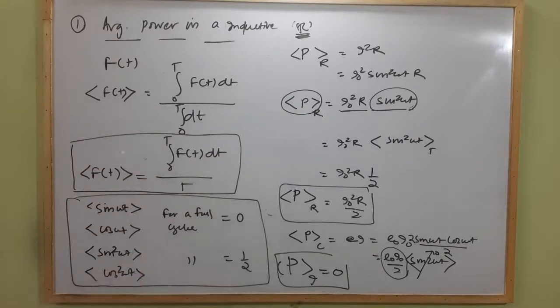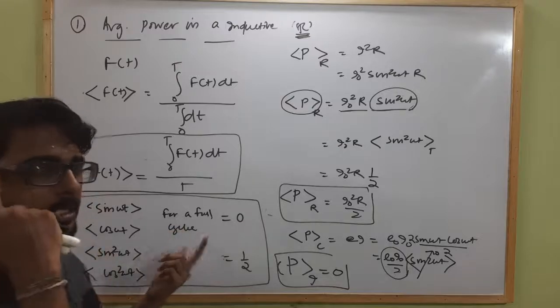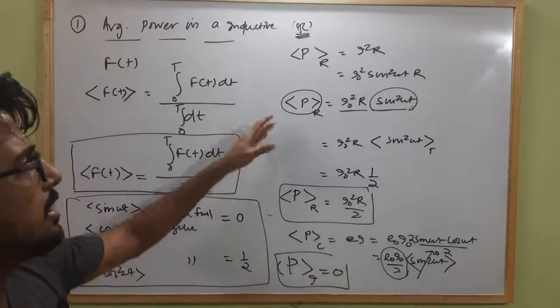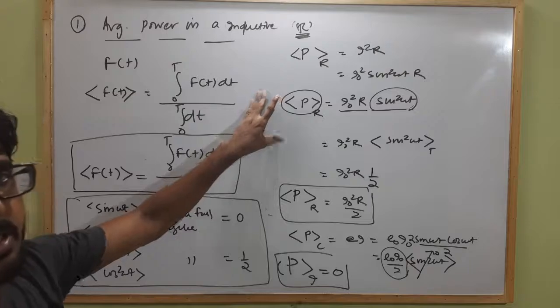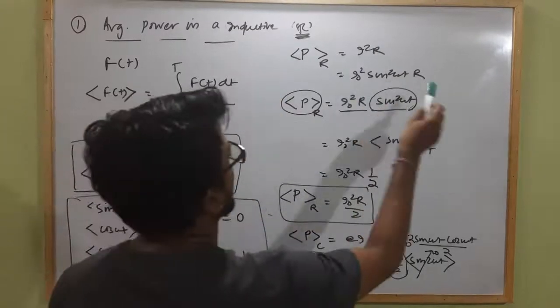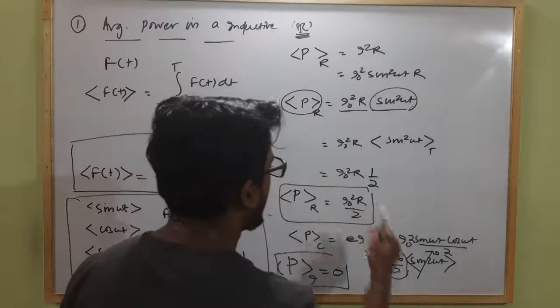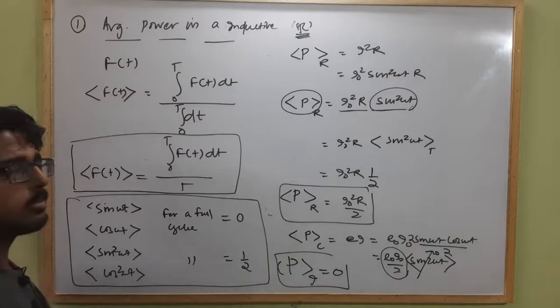So this way we can calculate the average power for inductive, capacitive and resistive circuits. The inductive and capacitive circuits have average power 0 over a complete cycle, but the resistive circuit has a certain average power, that is I RMS square into R, or I naught square by 2 into R.